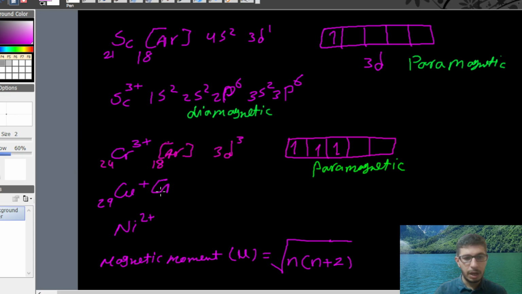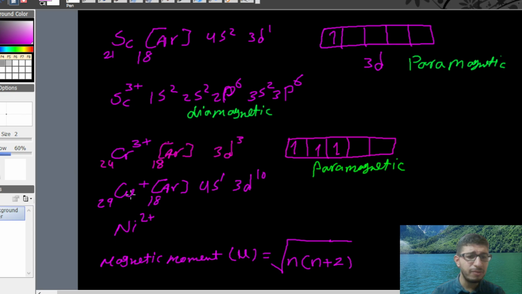We have argon 18, then 4s2, then 3d9, but this is not the stable electronic configuration of copper metal, copper zero. So what happens here is one electron from the 4s travels to the 3d sublevel, and you end up with the 4s1 3d10 electronic configuration.